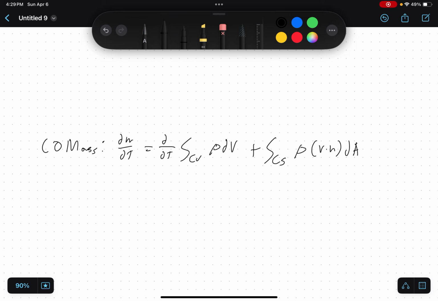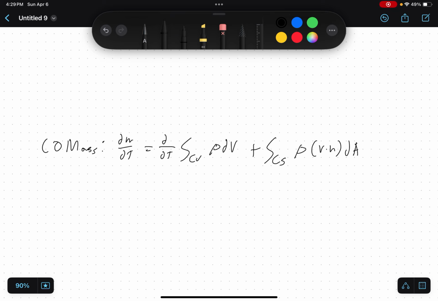So this term is the most complicated one. You can pretty much always bring the dV, you can integrate it and bring it outside. So you can rewrite it as d dt of density times volume. And now you have to do the chain rule.